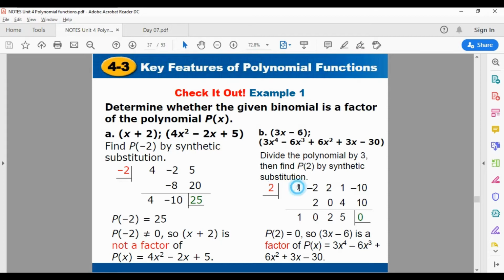Now, one thing that was done here that's a little bit different than what we did in one of the prior videos: if you look at these numbers and where they came from, that comes from up here.